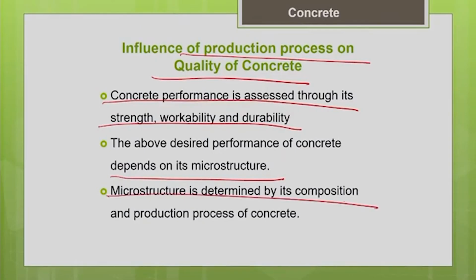Also, how you mix the concrete matters: we should mix in such a way that you get a homogeneous mix, so that there is a uniform coating of paste around the aggregate, which results in a good microstructure. Similarly, you need to consolidate the concrete so that all the unwanted entrapped air voids are removed. So, your microstructure is determined by the composition and the production process of the concrete. That is why you need to exercise good quality control in the production procedure of the concrete.